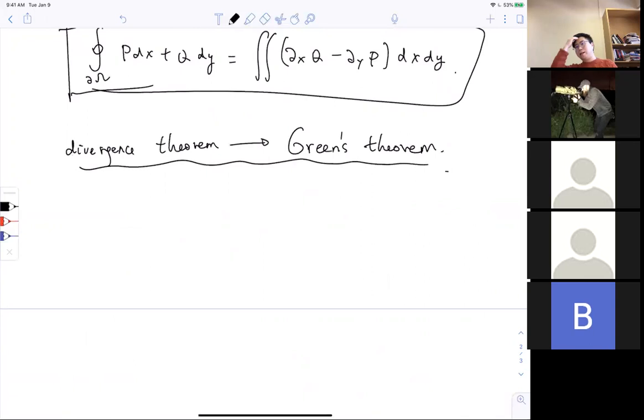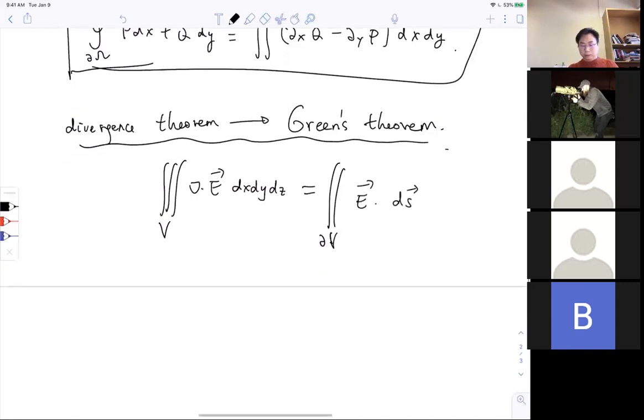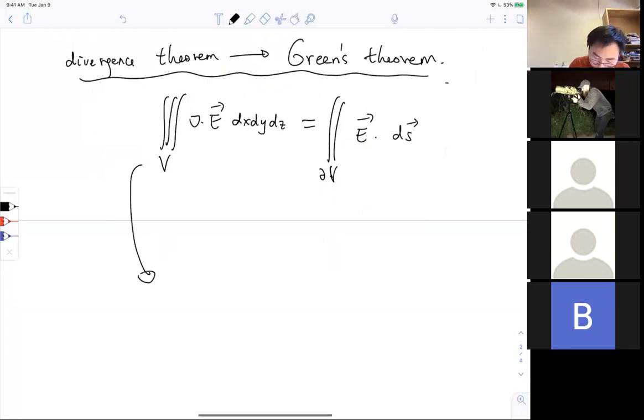So how to do that? Let's write down the divergence theorem first. We have a volume integral dx dy dz over some volume, and it becomes the surface integral. So what's the 2D version?